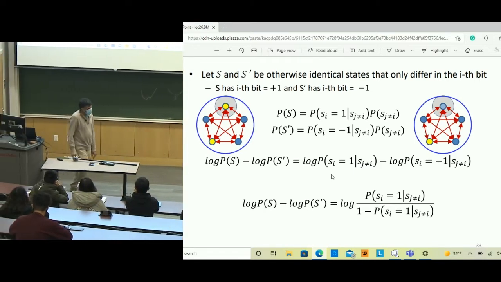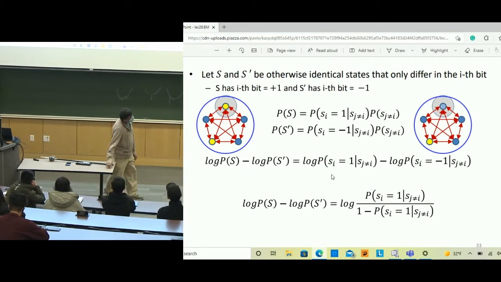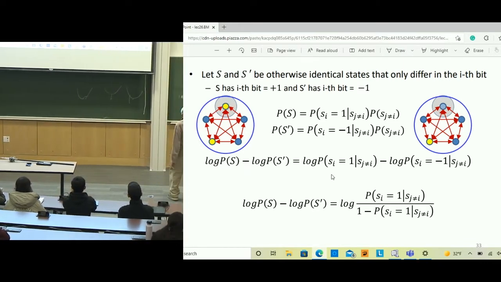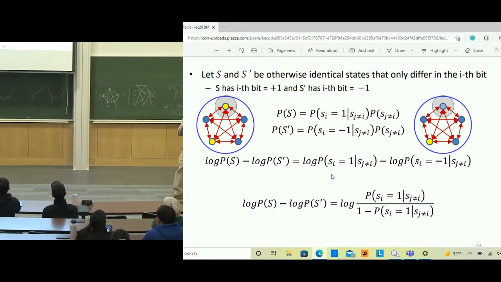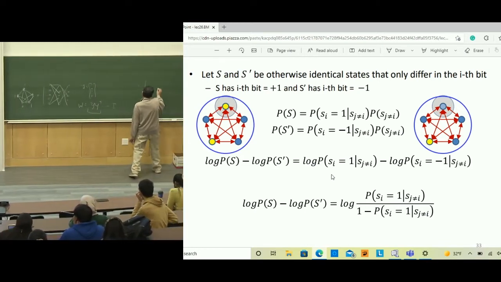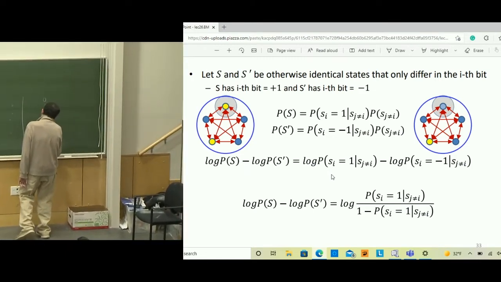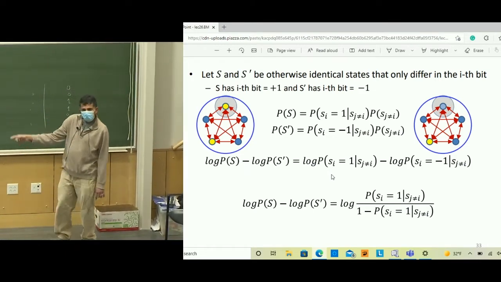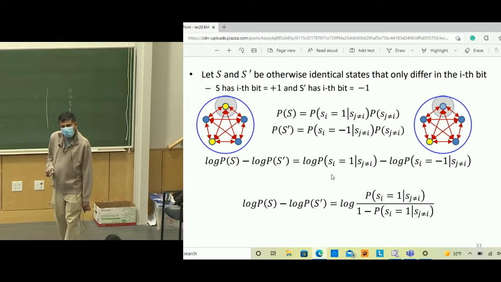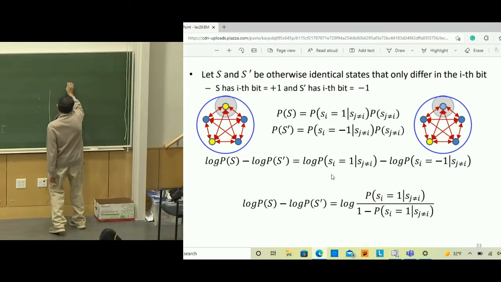To see how we can get to it, let's consider the probability of two different states. So I have one state of this kind, 0, 0, 1, 1, 0, 0. This is a state, right? That's the configuration of all of the nodes. I'm going to call this S minus.